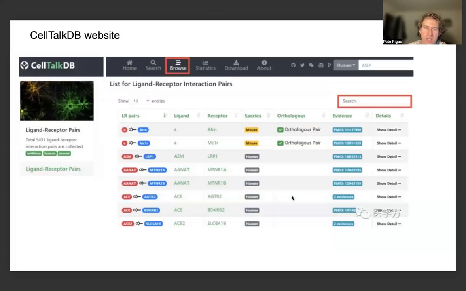So, yeah, this is just an overview of their website and the ability to look at different ligand receptor interaction pairs.